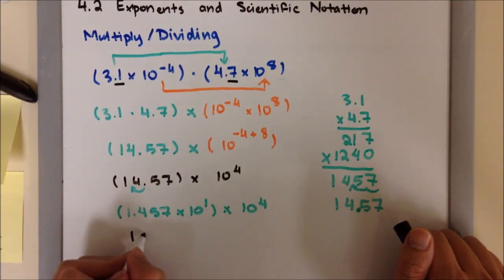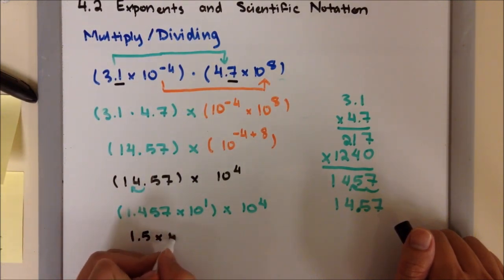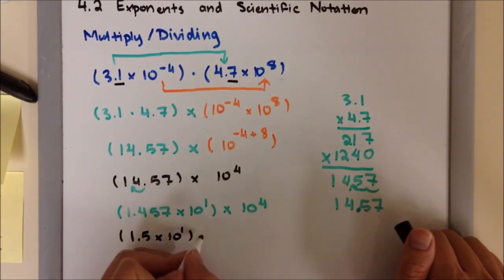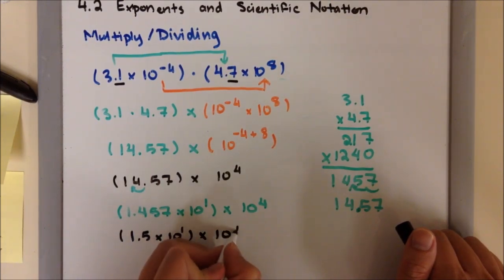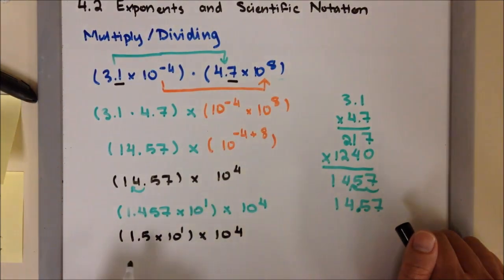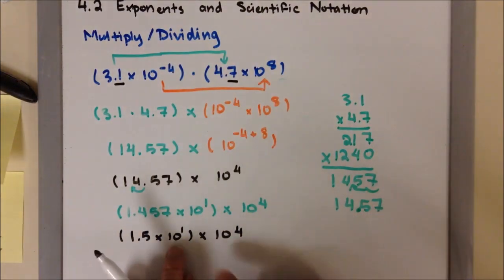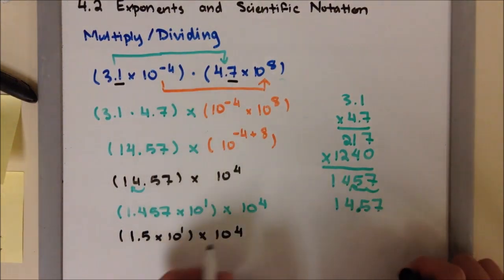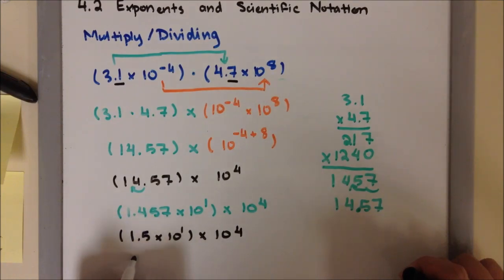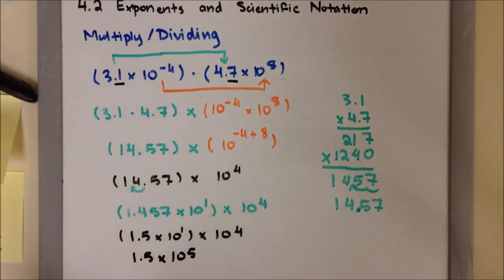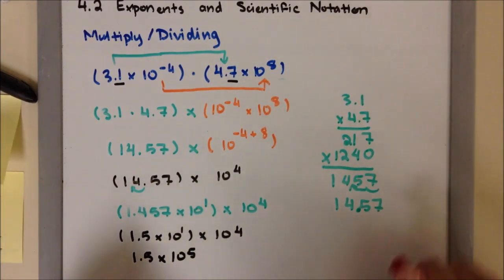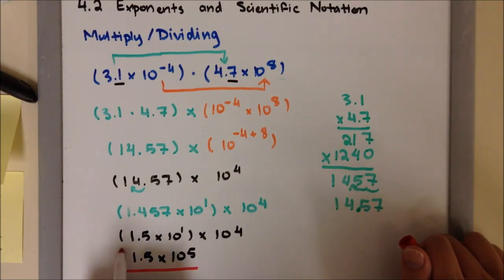So it's going to be 1.5 times 10 to the 1 power times 10 to the 4th. Again, I round up because of that 5 next to that 4. Here, since these two tens are multiplying, I'm going to add the exponents. So actually, my final answer will be 1.5 times 10 to the 5th power. This will be my final answer.